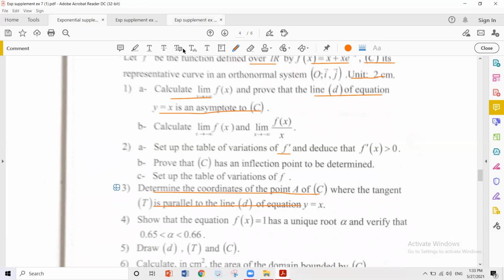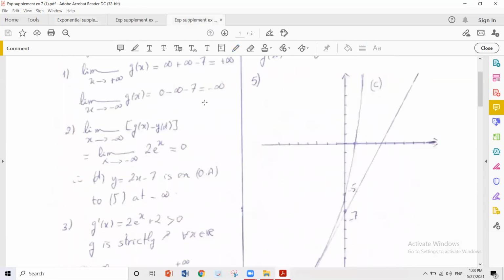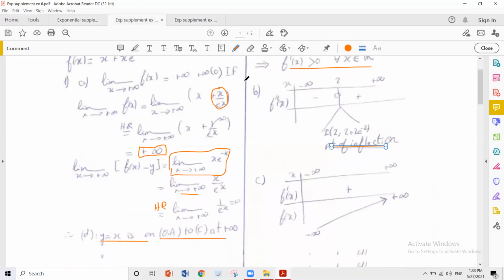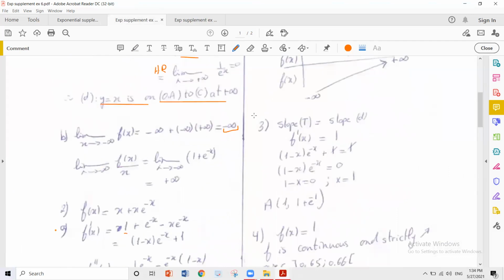The slope of the tangent equals the slope of D. The slope of D is 1, and the slope of the tangent is f prime. So (x - 2)e^(-x) + 1 = 1. The 1 and 1 simplify, giving 1 minus x times e^(-x) equals 0. Since e^(-x) is always positive, 1 - x = 0, so x = 1. And f(1) = 1 + e^(-1). This is A.